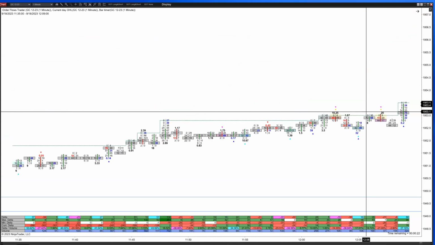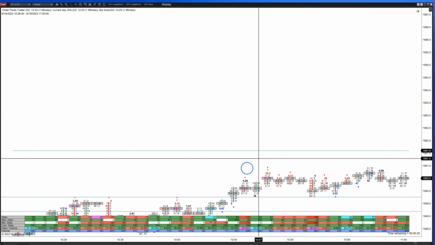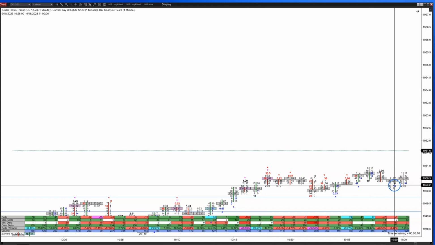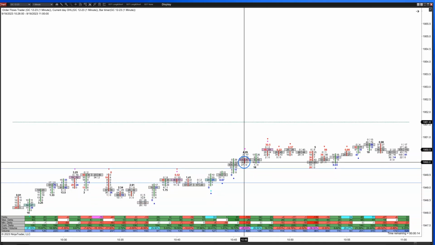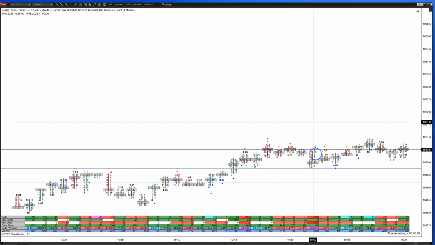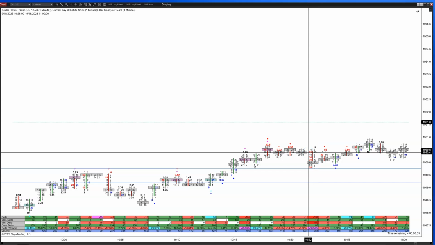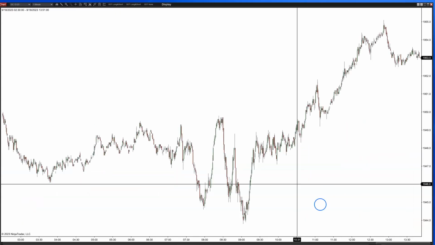But the sign was there when you broke out right here. You broke out of your resistance area, identifying that, hey, this resistance is probably now going to act as support. So if you can identify that resistance area, that breakout is legitimate, because if a breakout is legitimate, what was resistance should become support for the market to go higher, right?